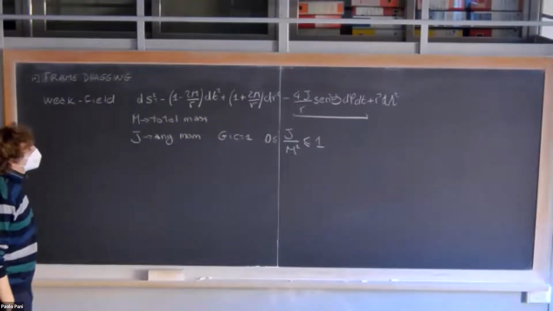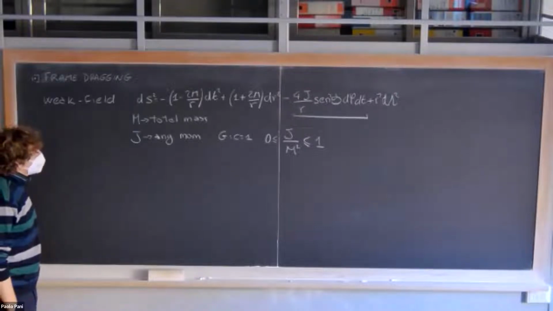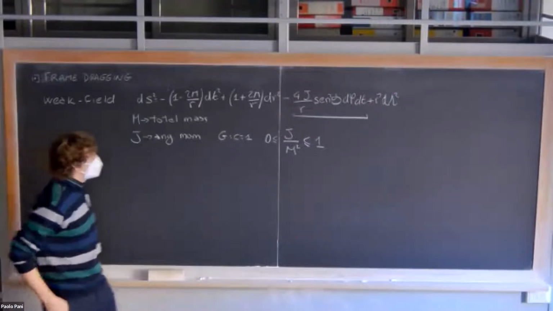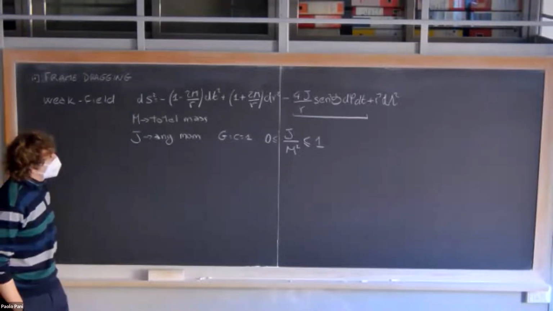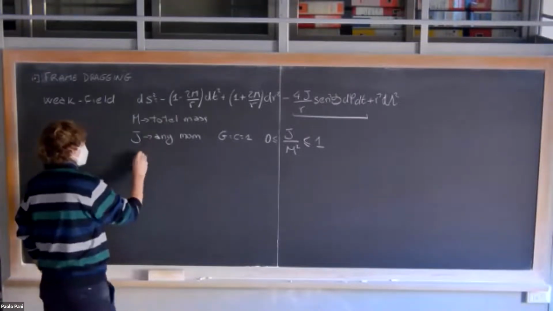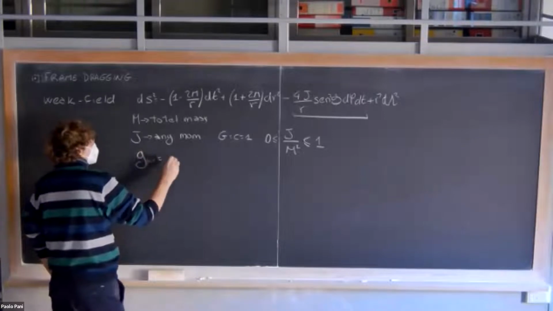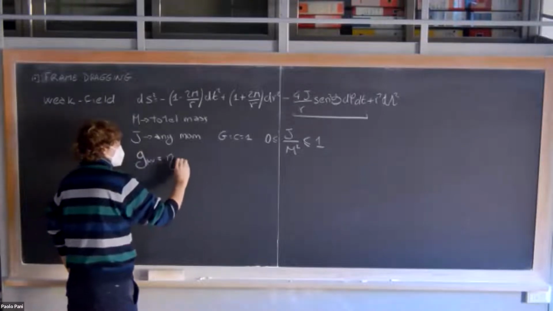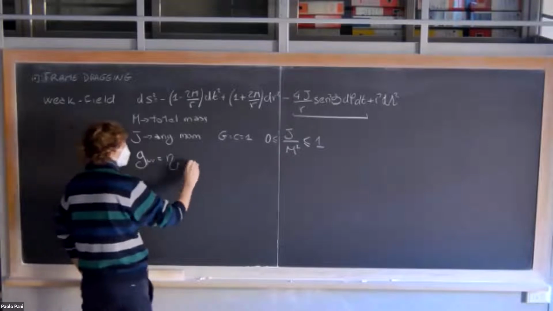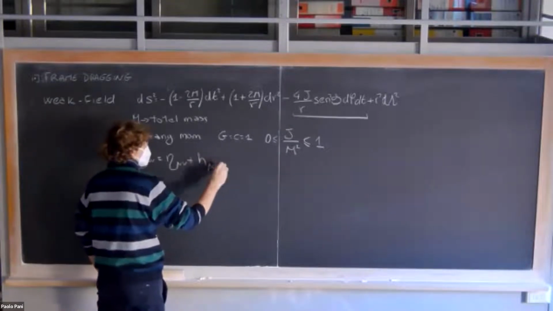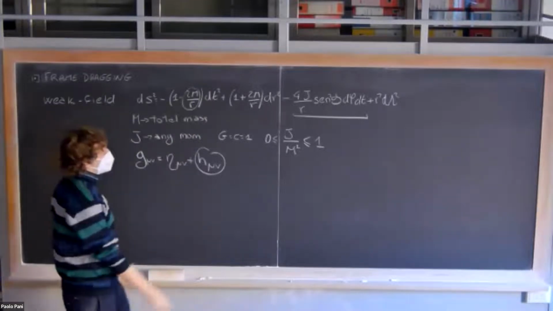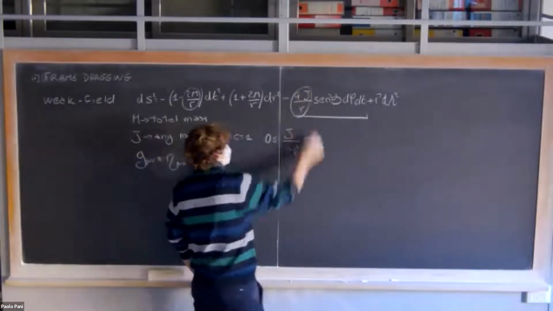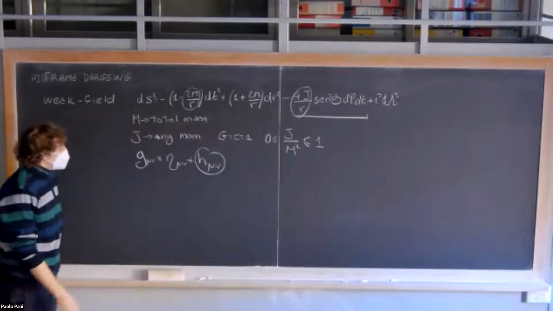This metric can be written as a Minkowski background plus some corrections, h mu nu, which encode both the effect of the mass and the effect of the angular momentum.